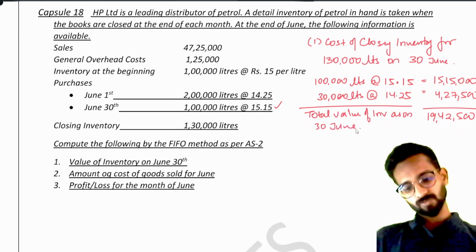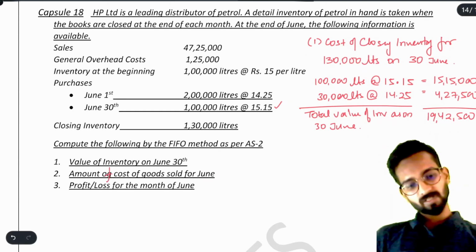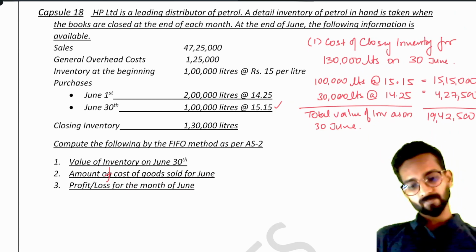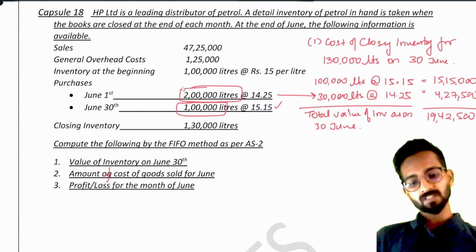Simple. Now what's the next question? Amount of cost of goods sold for June. Now cost of goods sold means whatever goods we have sold, that cost we have to find out. See, this 1 lakh is entirely in our closing stock. Okay, this 2 lakh liters, 30,000 is still in the closing stock. It means out of this 2 lakh we have already sold how much?